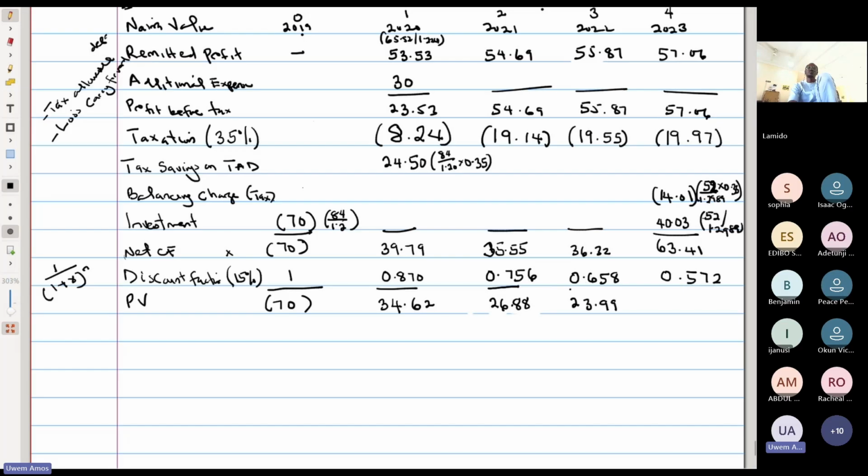Someone could double check that with me, because sometimes when you punch the calculator, it could mess up. 63.41 multiplied by 0.572 gives 36.27. This must be okay. 36.27. Okay, so let's get what our NPV is then quickly.